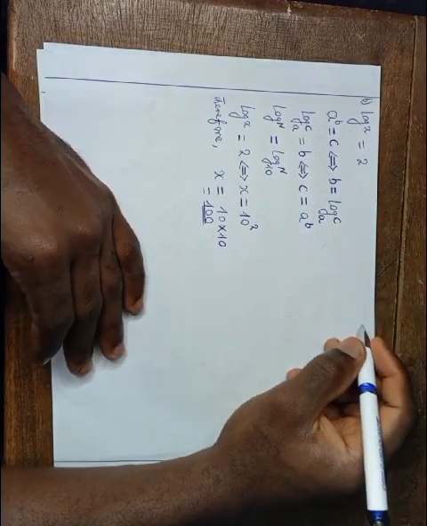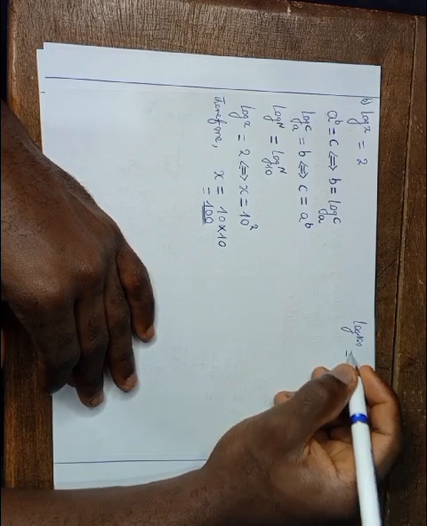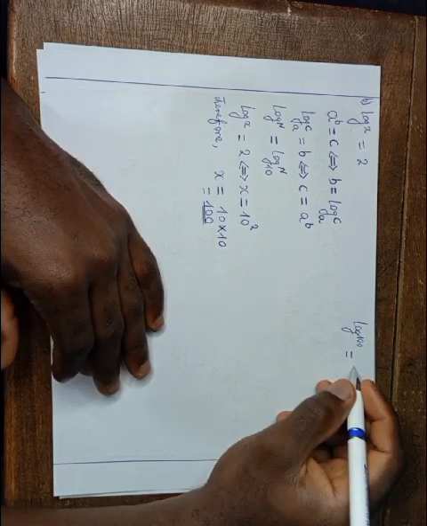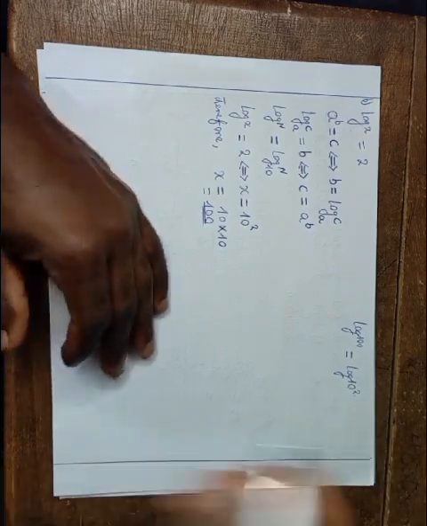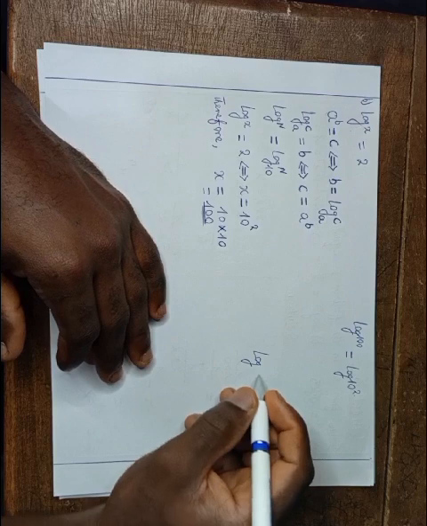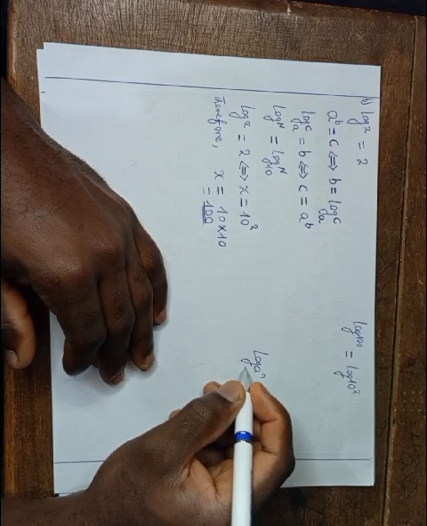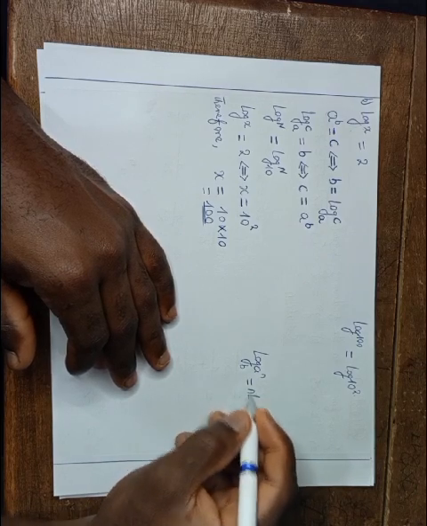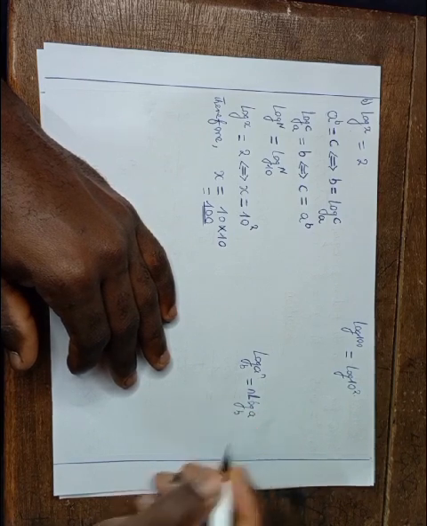Let's do the verification here by the side. Let's replace x with 100. We know 100 in index form is simply the same as 10 to the power 2. It is the same as the log of 10 to the power 2. Next, if we apply the law of power, the law of power states that if you have log a to the power n base b, it is the same as n log a base b.